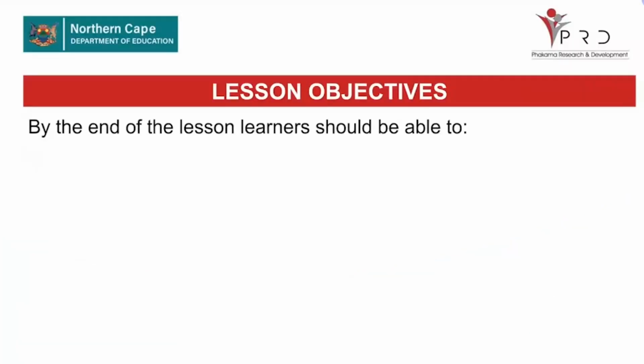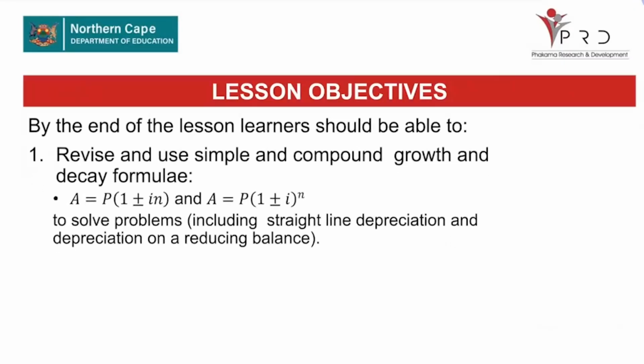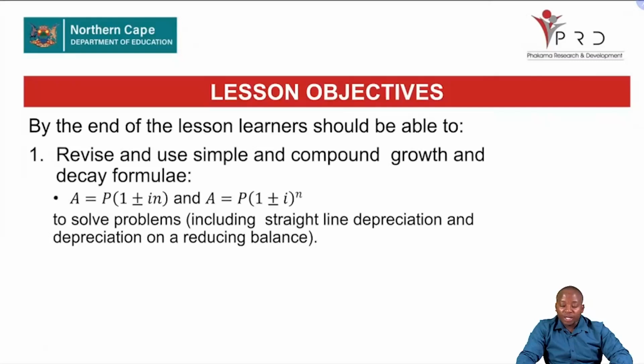Now, by the end of this lesson, you must be able to revise and use the compound and growth decay formulae. This is a revision that we're going to focus on from grade 11 that we'll need to know in grade 12. Now, the formula that we utilize is A equals P, open brackets, plus or minus.